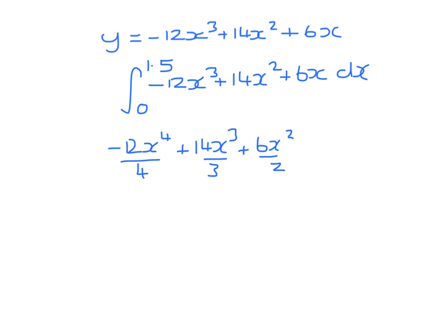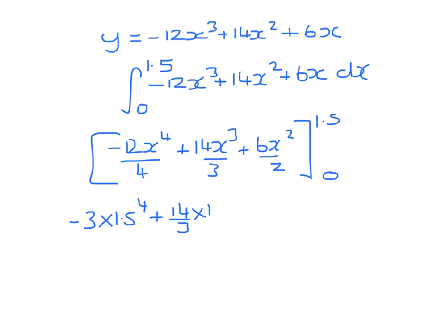We don't need a plus c because we're working with limits, and our answer will be when I replace x by 1.5 and replace by 0, we will get 0. And that gives us 7.3125.